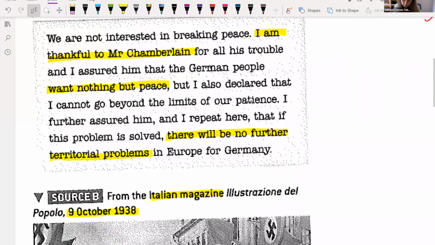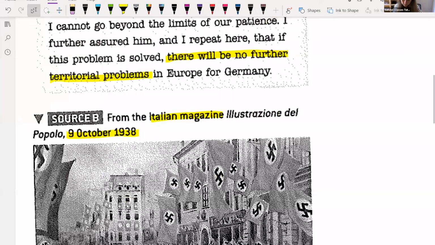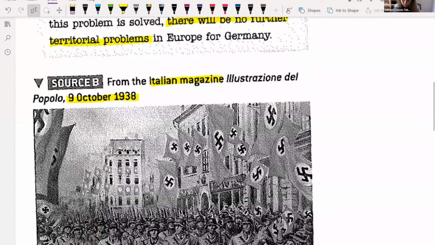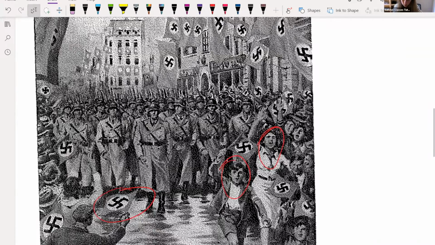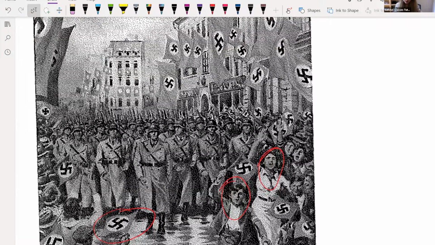And then the second one, when we're talking about the utility of this source, we need to think about how this demonstrates what everybody feels about the Nazi Party. Now, you can use examples from the Rhineland, from the Saar, from Anschluss, and again from the Sudetenland, of people when the Nazis arrive, people smiling, people giving them flowers.